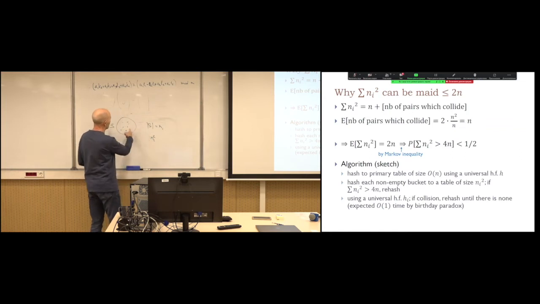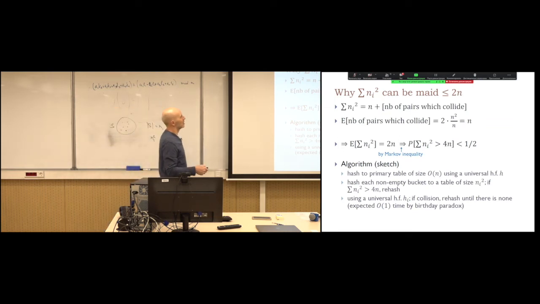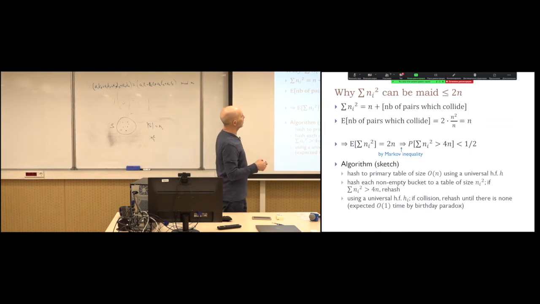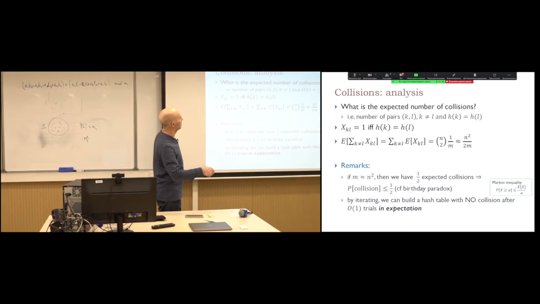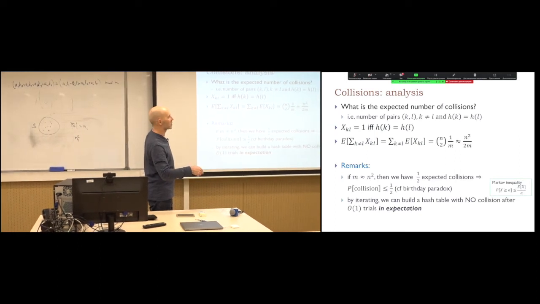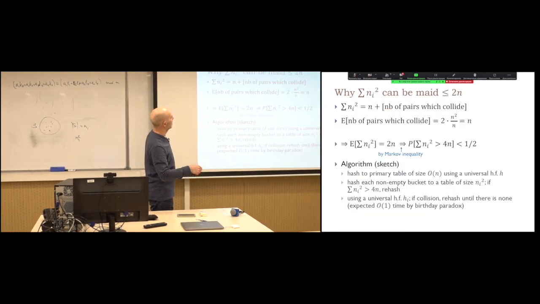If ni is the cardinality of the set, ni square is the number of pairs of this set. And the number of pairs we already know how to estimate. So the number of pairs is this expected number of collisions. Total number of collisions. Okay?